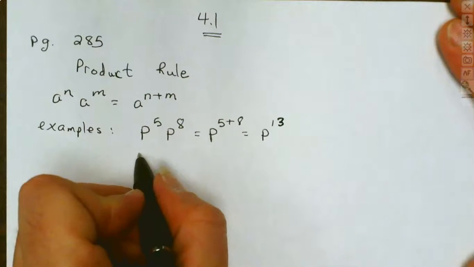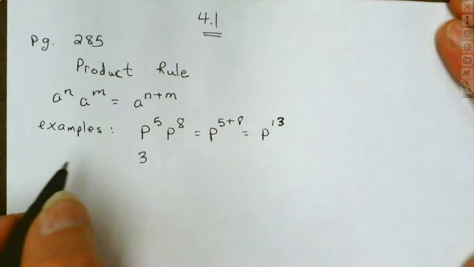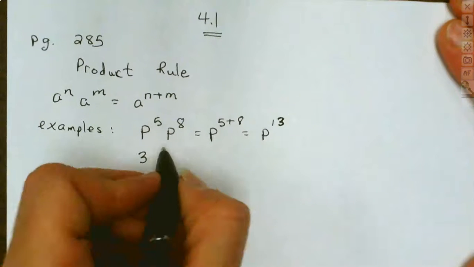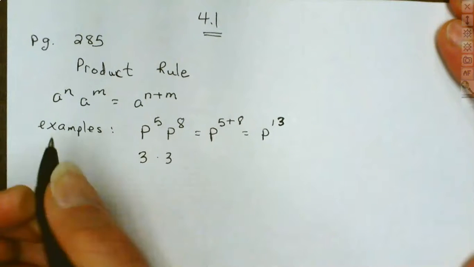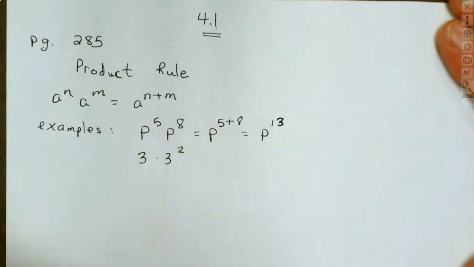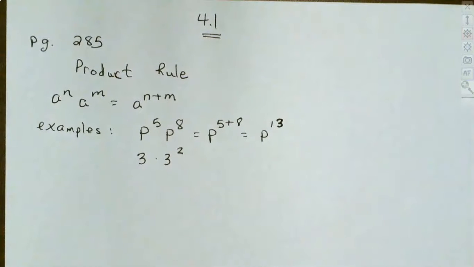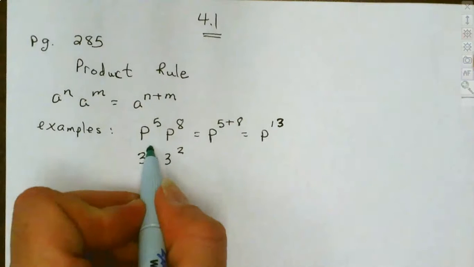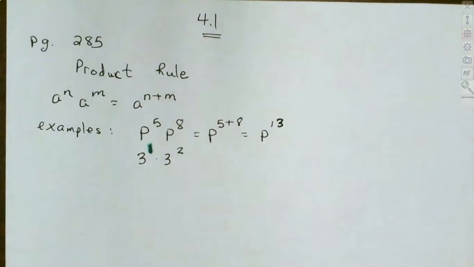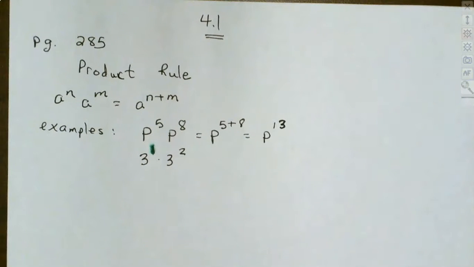Let's try another one. How about 3 times 3 to the 2nd power? Now, if there is a number or a variable with no exponent, then it's understood that there's actually a 1 there. So if there's no number for the exponent, you can put a 1 there. These have the same base.